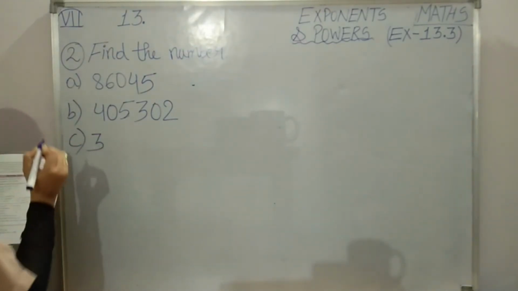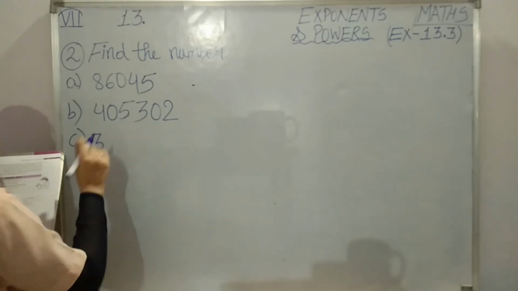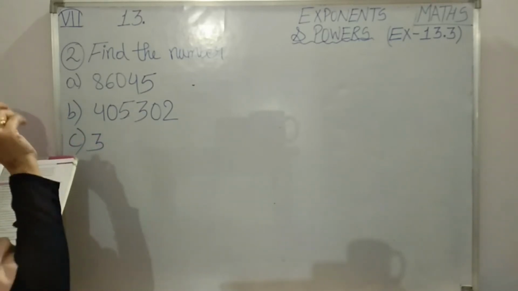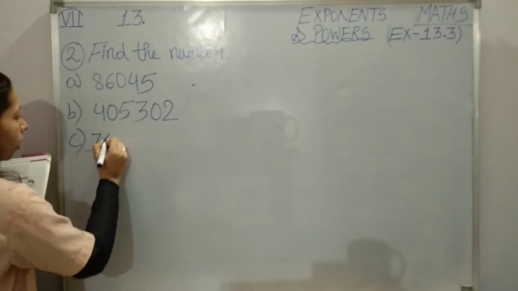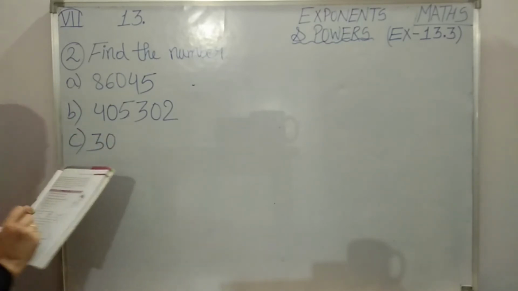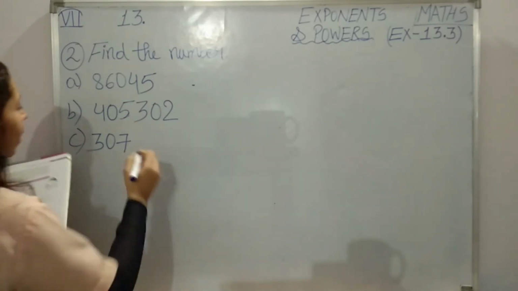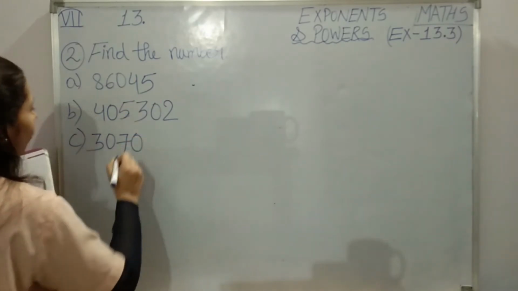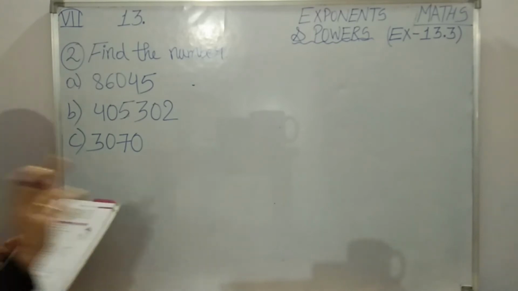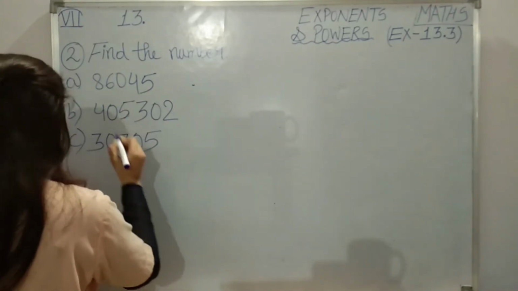Let us see one more point. 3 into 10 raised to the power 4 plus 7 into 10 raised to the power 2. But between 4 and 2, 3 should come. It is not there, so I will place a 0. Then 7, then 10 raised to the power 2 plus 5 into 10 raised to the power 0. Means again 0 will come because 10 raised to the power 1 is not given. Then 5. Okay.